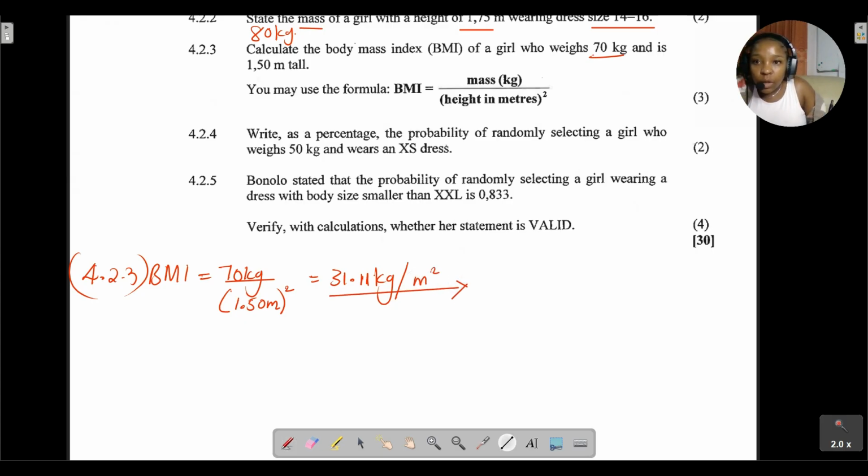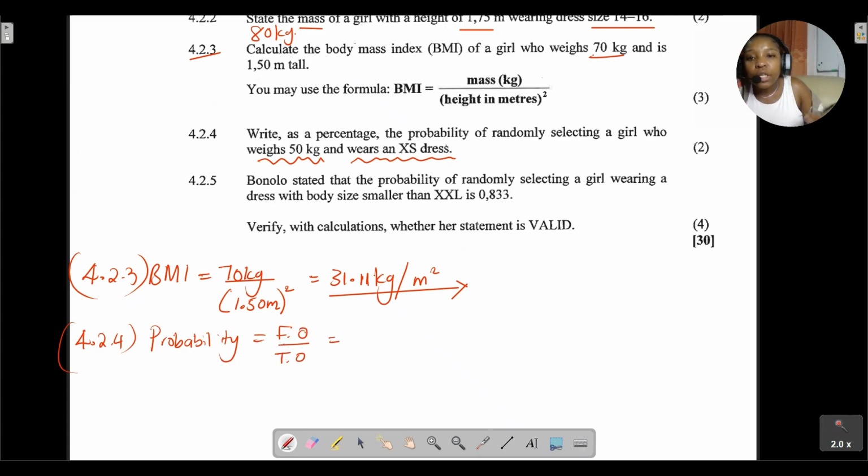Okay, good. Question 4.2.4. Write as a percentage the probability of randomly selecting a girl who weighs 50 kg and wears an extra small dress. We know probability is equal to favorable outcomes divided by total outcomes, right? So for the favorable outcomes, we want to look for a girl who weighs 50 kg and wears extra small.